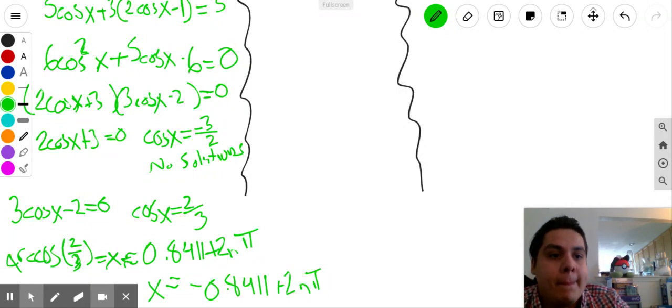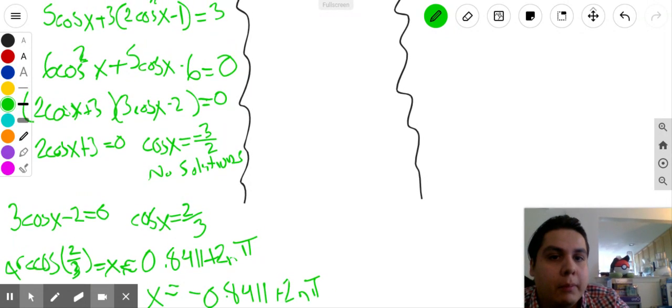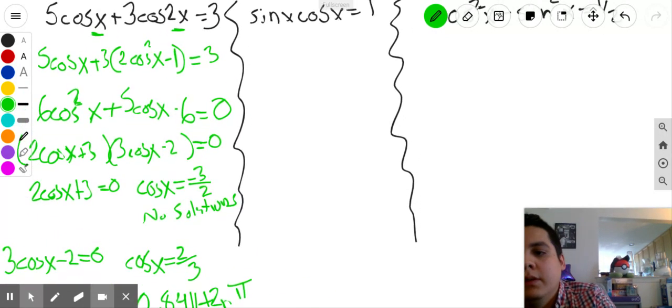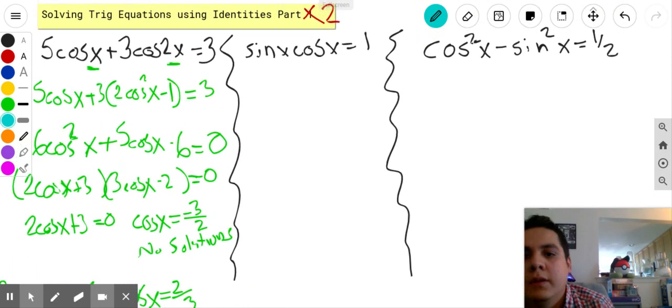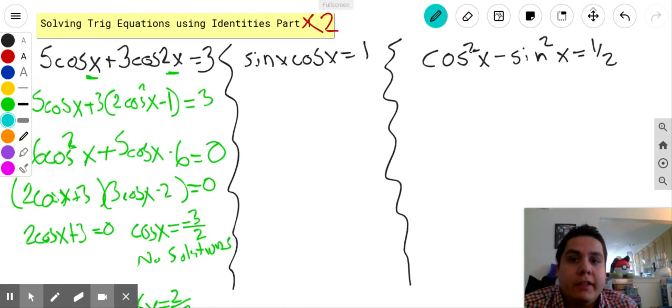All right. If I go to the second problem, I have sine of x multiplying a cosine of x should equal 1. So sine of x times cosine of x looks very familiar. That looks like sine of 2x.